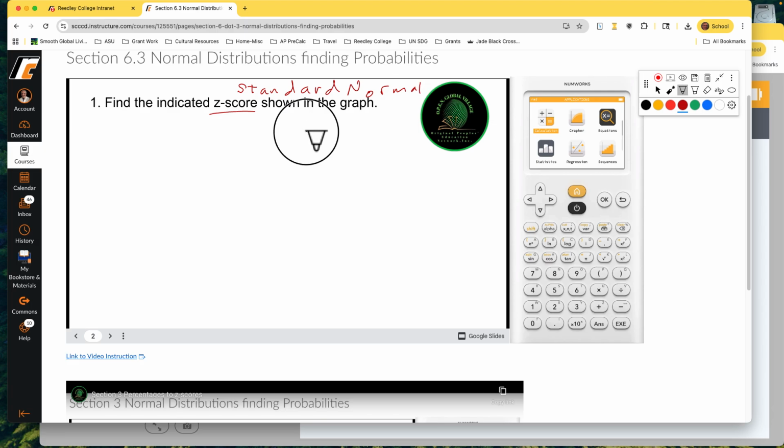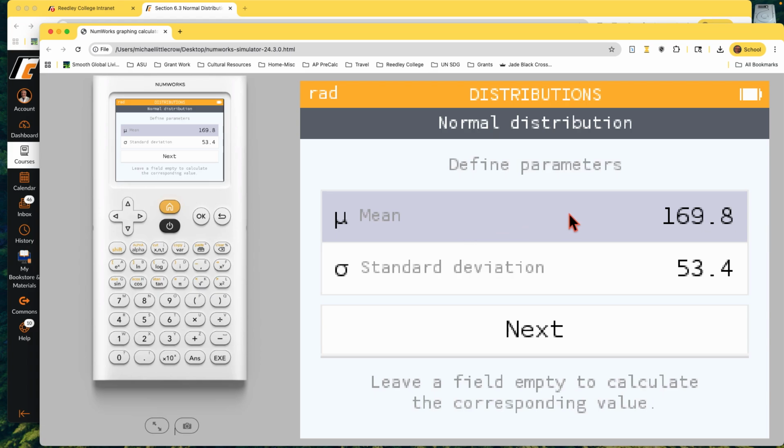What does that mean about the mean? Or what is the mean in a standard normal? It's always the same value. It's always 0. How about the standard deviation of a standard normal? It's always 1. So these are the things you're going to have to remember, because when you get into a question and it says we have a standard normal or we're looking at a z-score, those are the things we have to know. Because what's the first thing we have to put in when we're using our normal distribution?